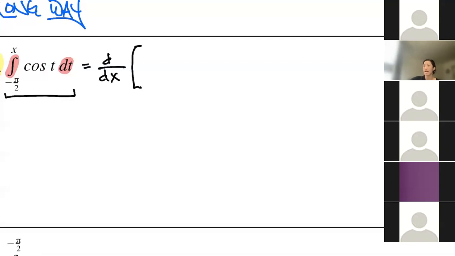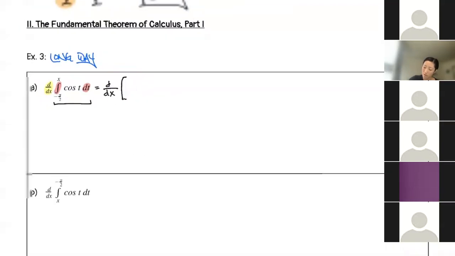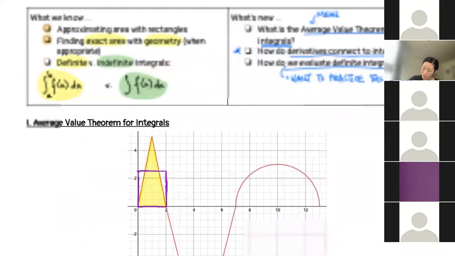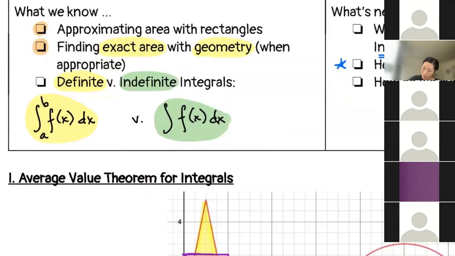Because it sure looks like I have a definite integral here. Not quite. That's a really good guess because we just talked about that average value theorem. But maybe let's go all the way back up here. And how do we handle a case like this?